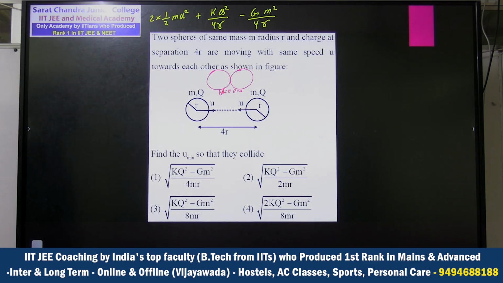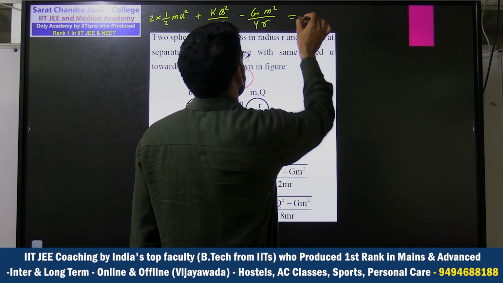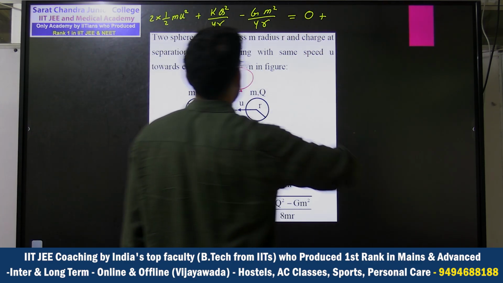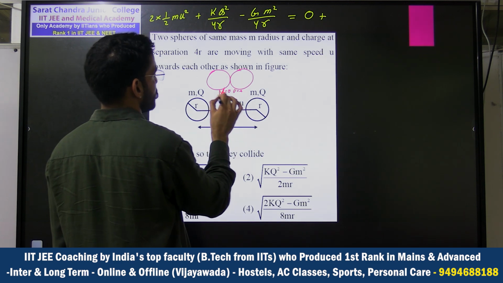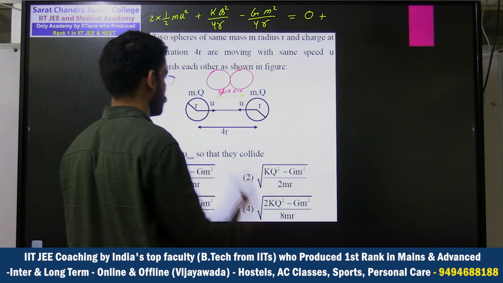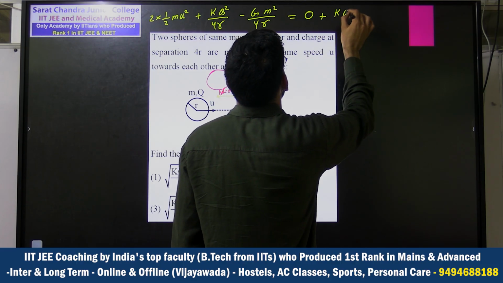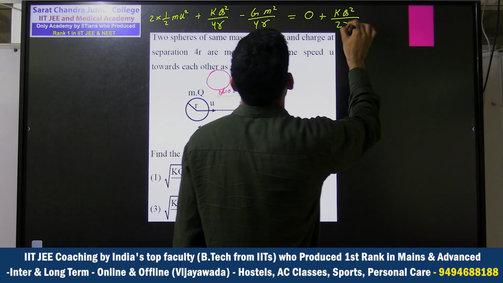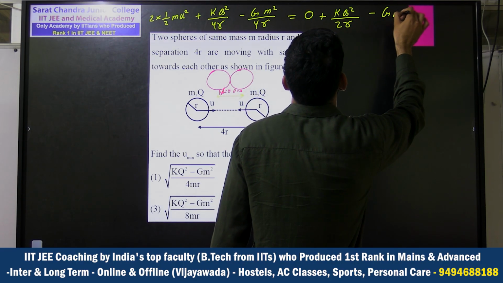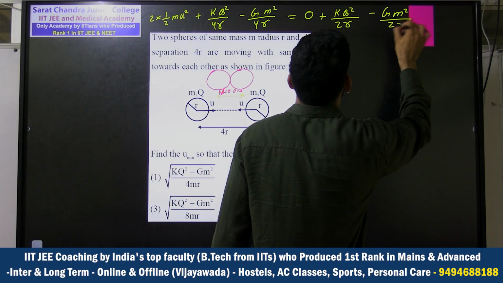This is the potential, equal to the final kinetic energy 0 plus potential. The gap from center to center will be how much? 2r, right? R radius. So here 2r. So what you will have? Potential k q squared by 2r minus G m squared by 2r.